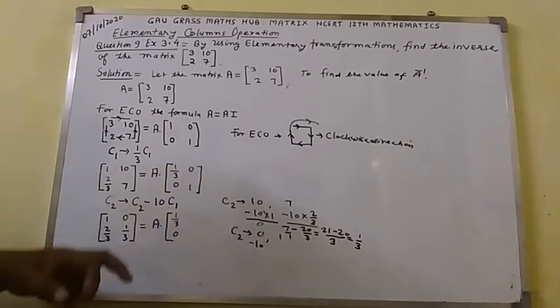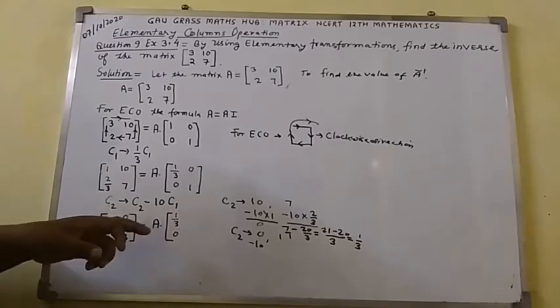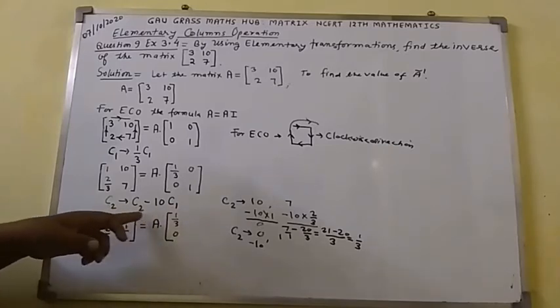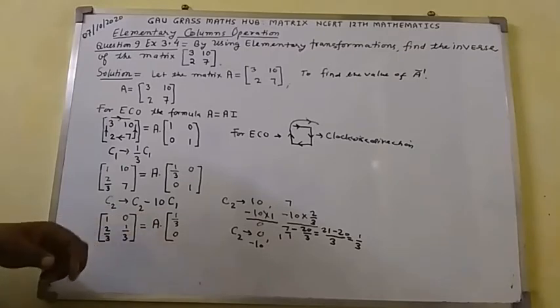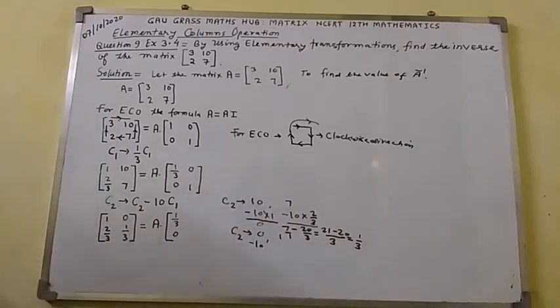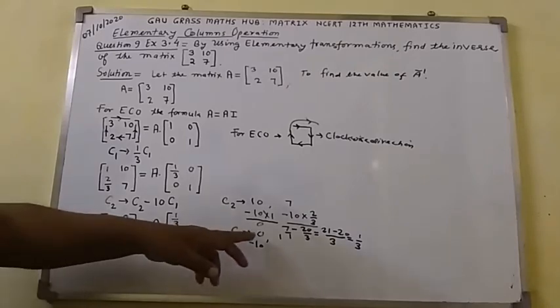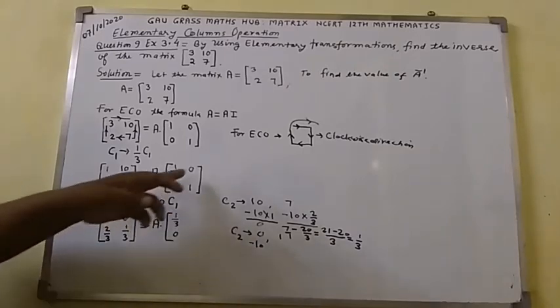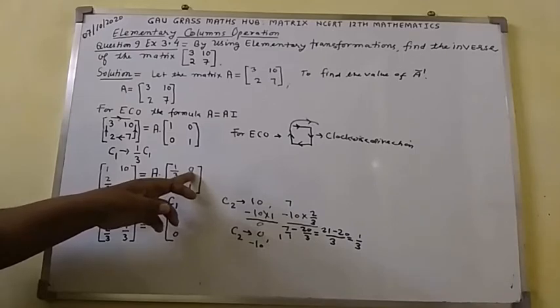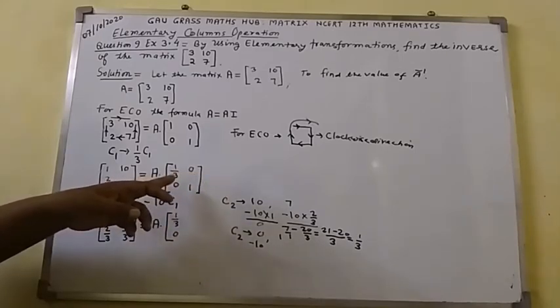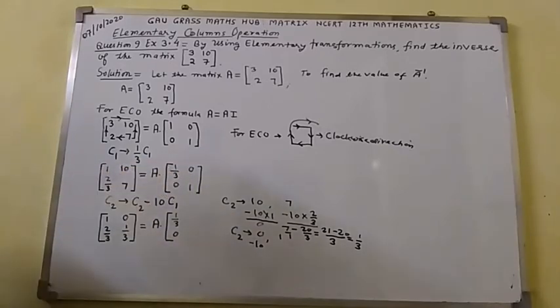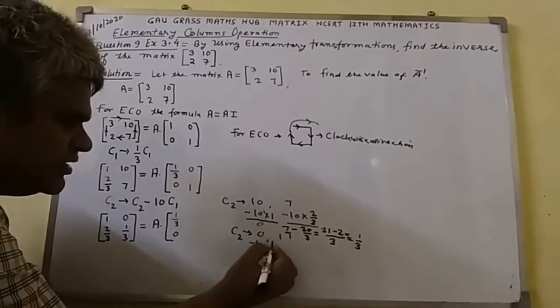C1 you have to think over. So here you can see, for the element 0, the respective value of C1 will be 1 over 3 here. So here I shall write 1 over 3.